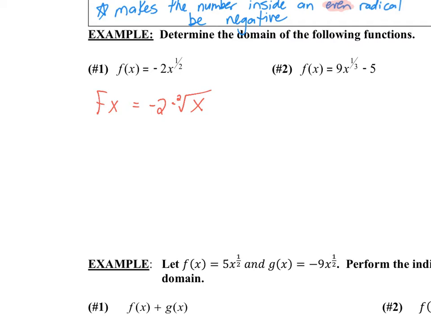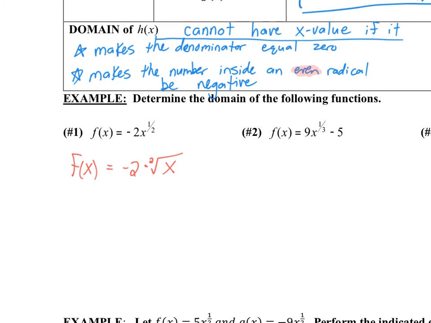So f of x equals -2 times the square root of x. So the first thing I want to ask you is, the number one thing we wrote in our domain is there a fraction? If you look at number 1, there's not a fraction. The second thing is there an even radical? So if you look here, the square root is an even radical.